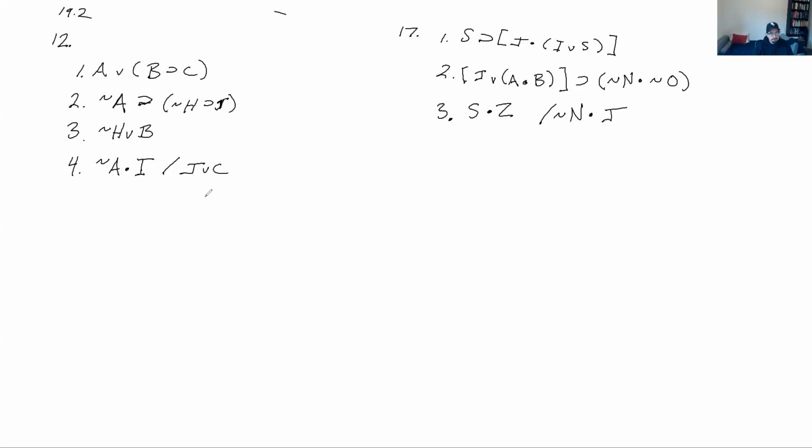So line 1, we have a disjunction, A or if B then C. Line 2, if not A, then if not H, then J. Line 3, not H or B, and line 4, not A and I. Finally, our conclusion, J or C.